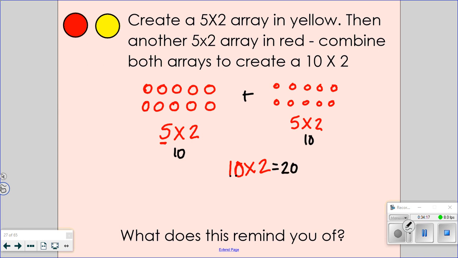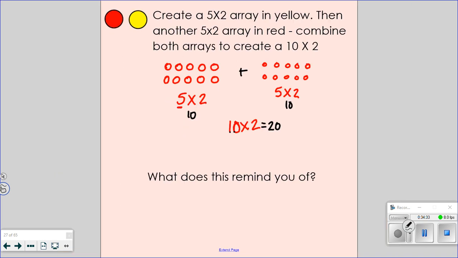Hey! My 5s and my 10s are just doubles. I just double it again, just like our 2s and our 4s.